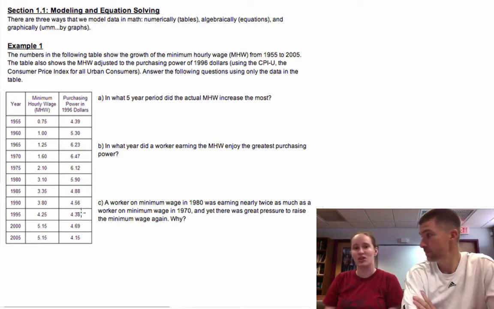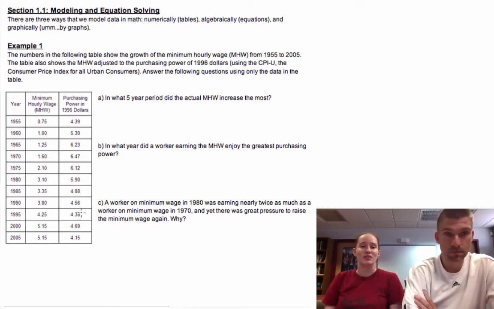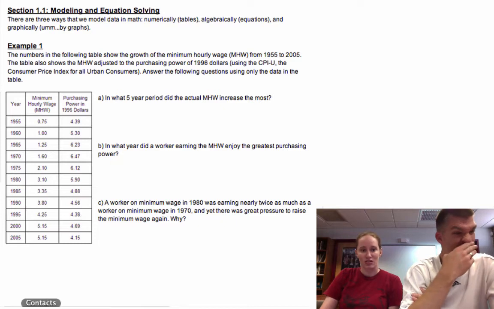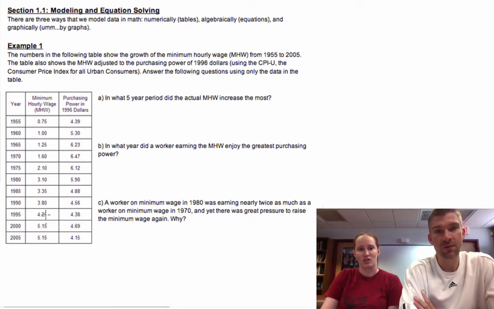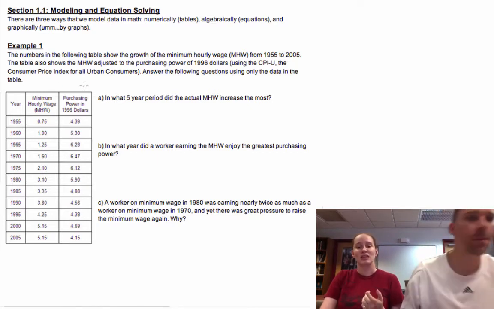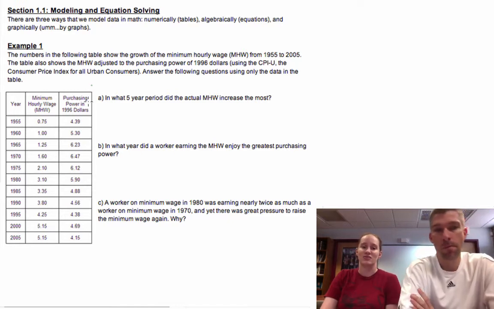We're going to have an example here that is pretty lengthy, and it all has to do with data about the minimum hourly wage over the years. That's this first column. So people in 1955 earned 75 cents an hour if they were on minimum wage. What's interesting is that they've also figured out the purchasing power of the dollar then compared to what it would have been in 1996.